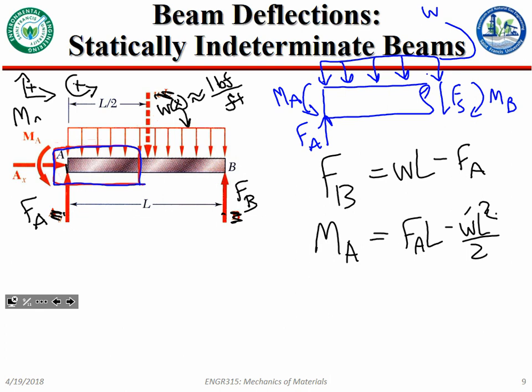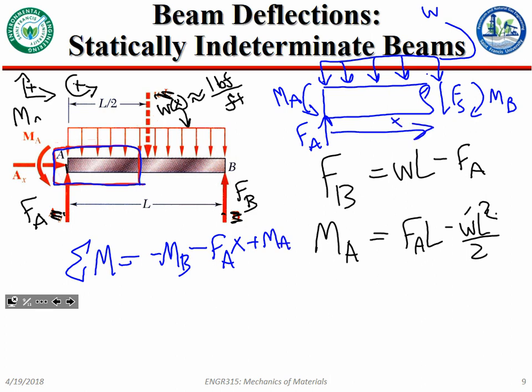So if I wrote that out, it'd be something like the summation of moments equals negative MB minus FA x plus MA x plus W x squared over 2, something like that.